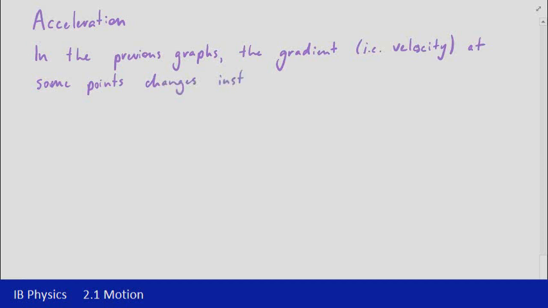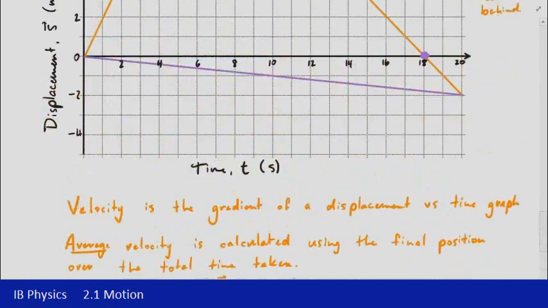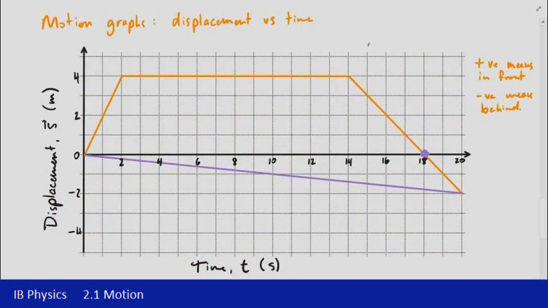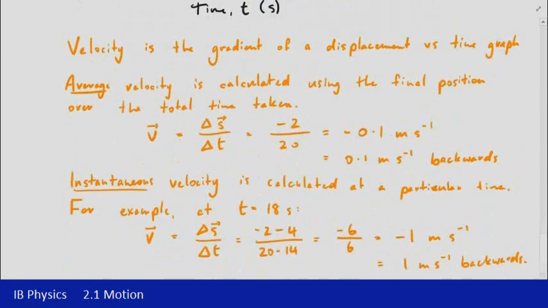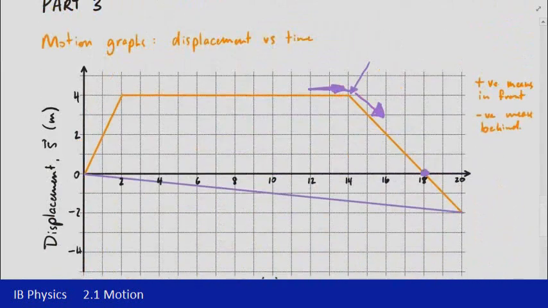And by that I mean that at one point in time, if we just go back and have a quick look, so if you look at the graph here, at this point in time here, 14 seconds, prior to 14 seconds, the velocity is 0, then at 14 seconds it instantaneously changes to a value of whatever we calculated down here, 1 meter per second. So there's a rapid change from 0 to 1.